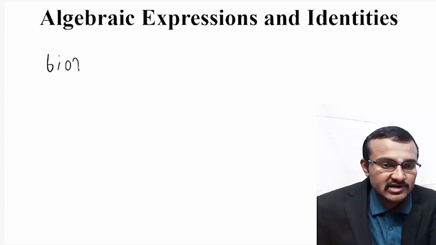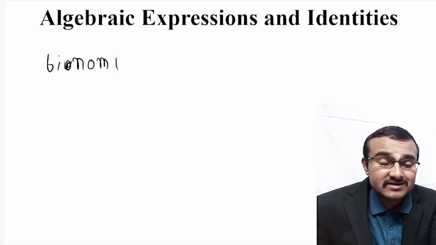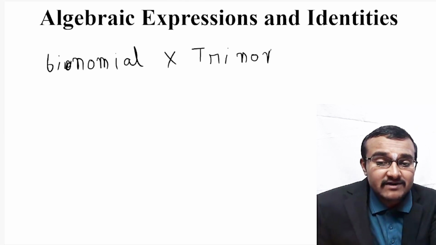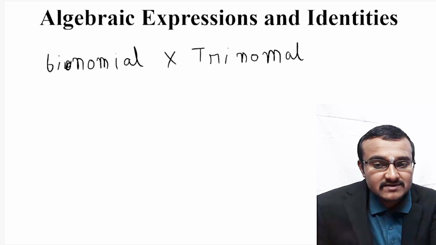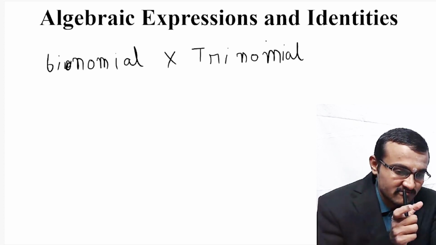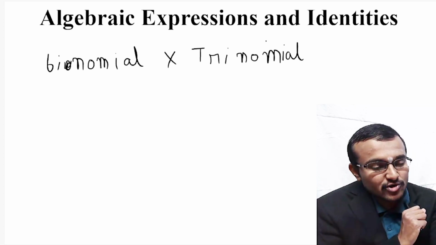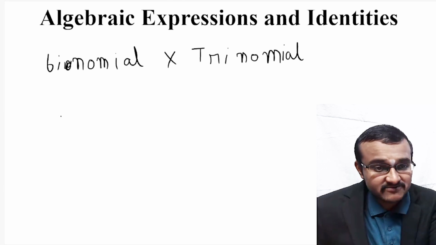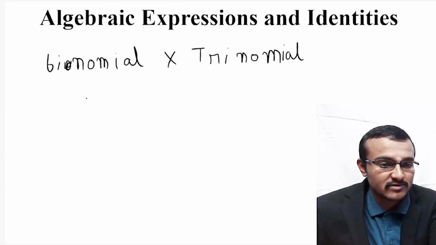Now one example we will do for binomial into a trinomial. So let us take binomial into trinomial. As I already told you, whenever you are multiplying two polynomials, you should remember that all the terms of the first polynomial should be multiplied with all the terms of the second polynomial. So here I am taking a binomial as my first polynomial and a trinomial as my second polynomial.